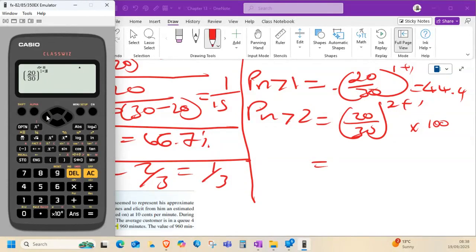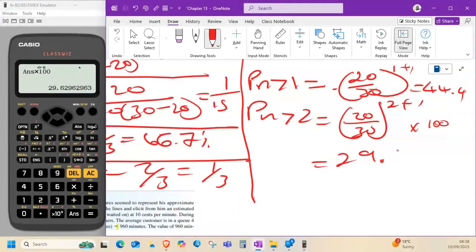Then that is 29%. 29% of the time means that there's going to be more than 2 customers. This is what it means basically.